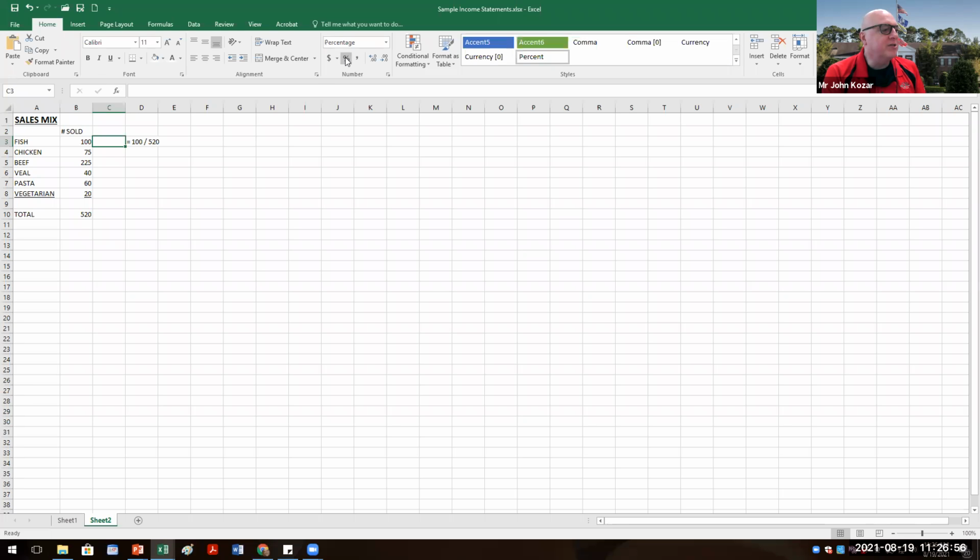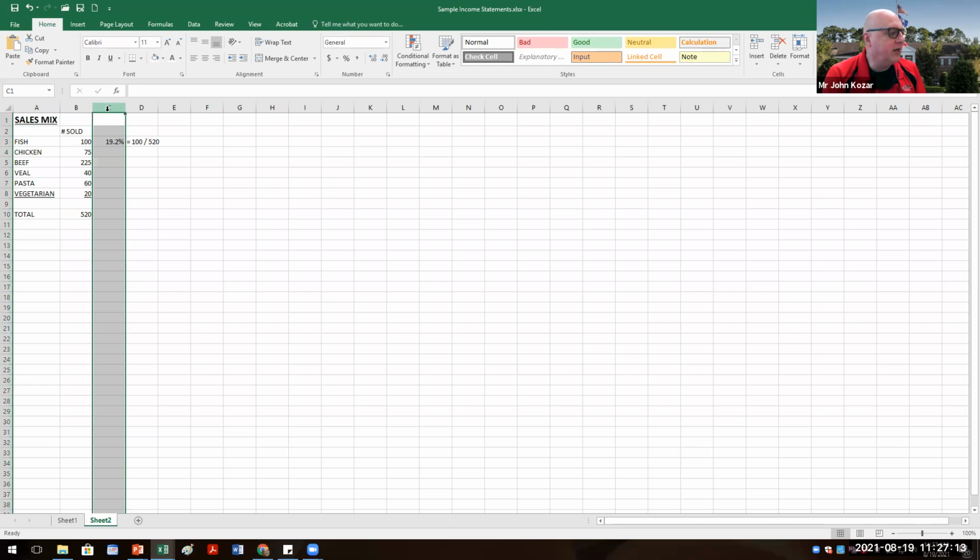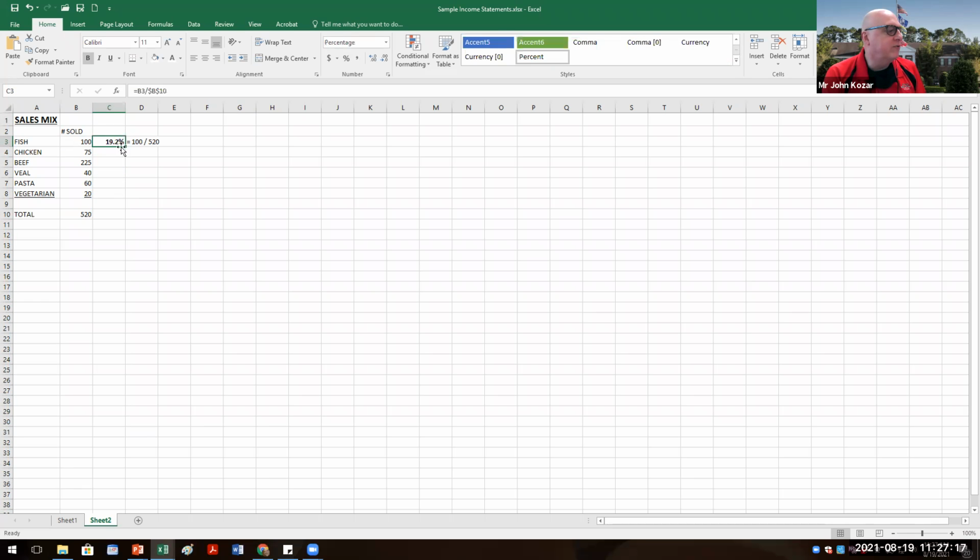It's going to be a percent to 1 decimal point. So put a formula in here to calculate that. So our answer is going to be 19.2% for the fish.